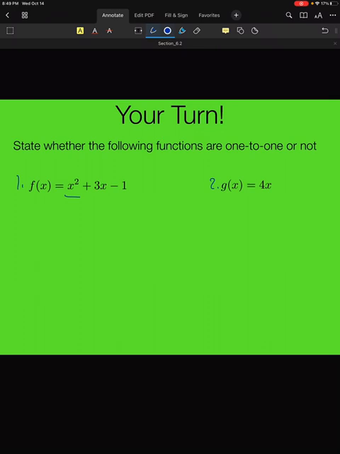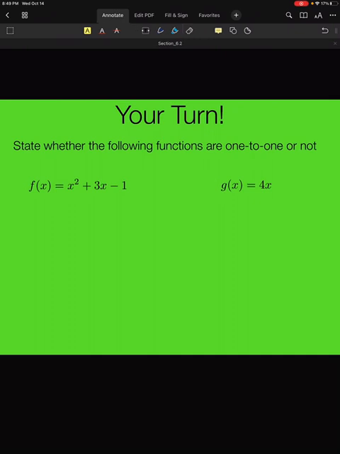And then 4x shouldn't be too hard. That's a line. So give very rough sketches, but enough to tell if a horizontal line test will pass or not, and that way you'll be able to tell me if the function is one-to-one or not. So that's the your turn, and I have one more slide to go through until we end this first video.